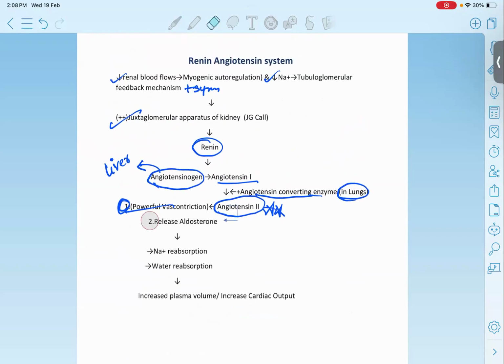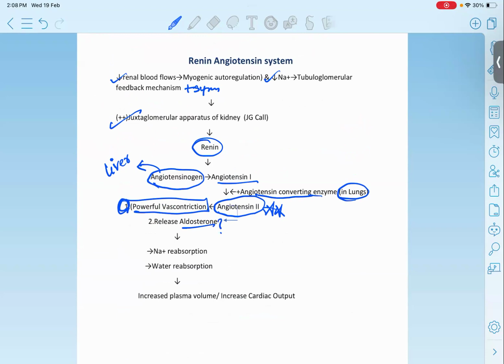What will it do? One action angiotensin 2 exerts is powerful vasoconstriction. And it has another action, which is to release aldosterone. From where does aldosterone release?